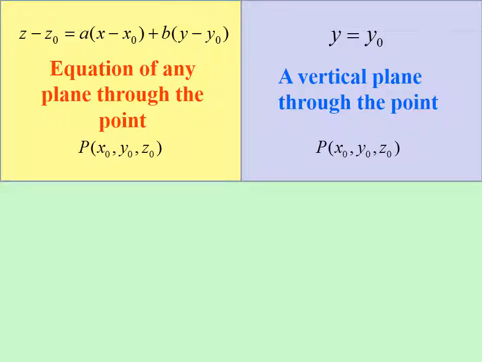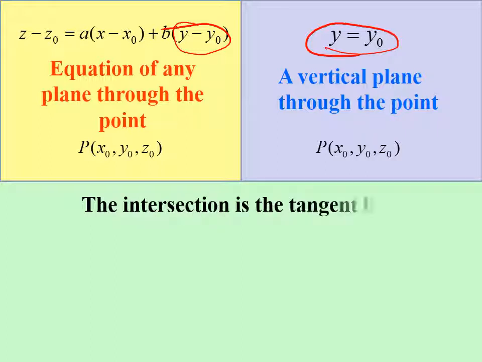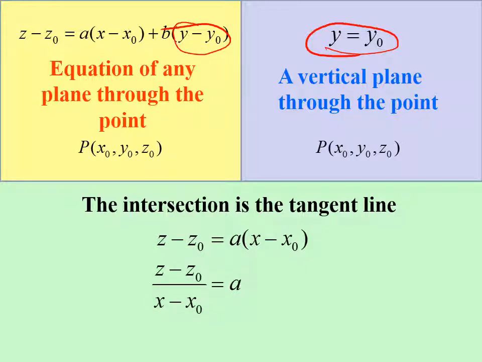So now taking that equation and the equation here of a vertical plane through that point, we're going to set y equal to y0. So as you can see, if we set y equal to y0, then that's going to become a 0. And we're going to end up with the intersection, which is this. Solving for a, we end up with z minus z0 over x minus x0.